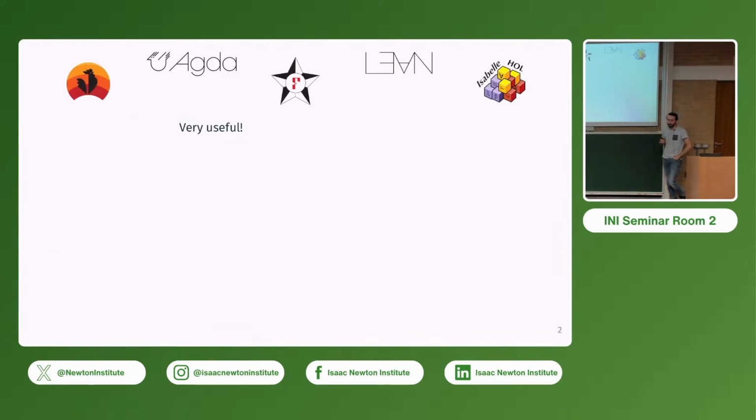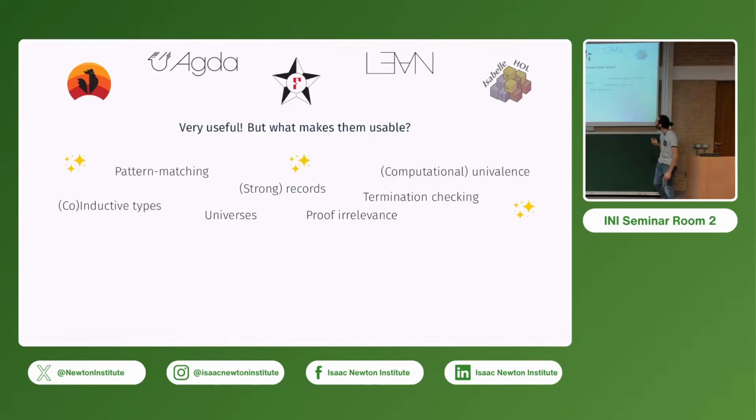Okay, so I guess most of you in the room have probably played with one of these things before in your life. They're not as good as we would like them to be, but they're still quite useful for a range of things. But the thing that makes them usable, as for all things in real life, is that they're complicated. Isabelle/HOL is maybe a slightly different data point, but the deep typed ones out there have all sorts of fancy type theoretic things.